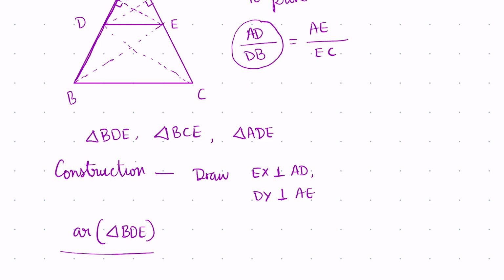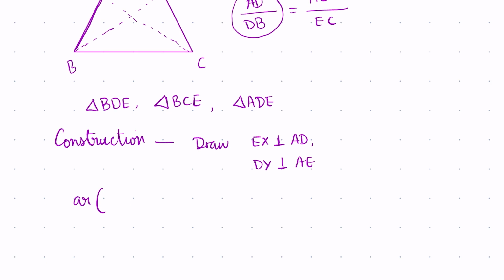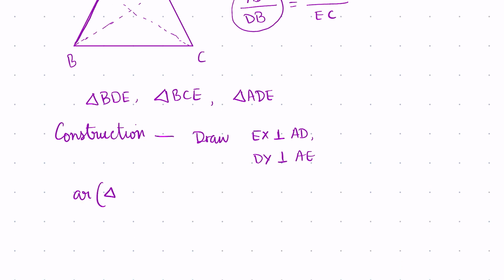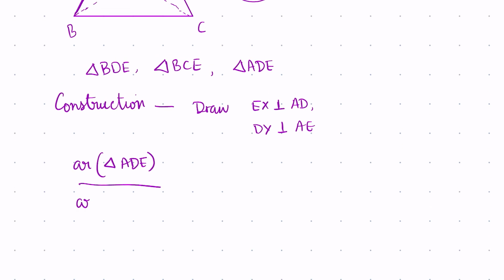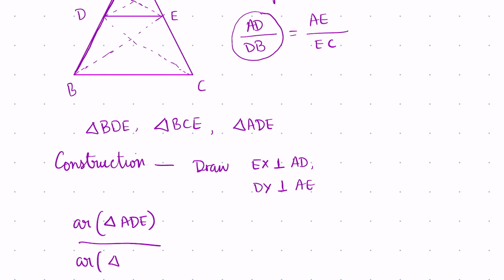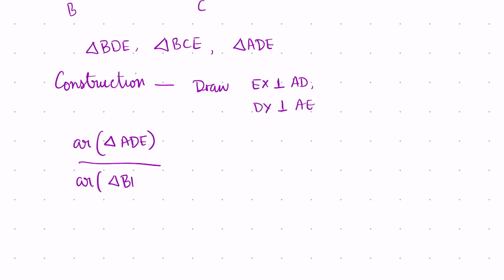Okay, so let's not go ahead with the larger triangle. Maybe I'll keep the smaller triangle in the numerator. So area of triangle ADE, right? If we divide this by the area of triangle BDE, what do we get?